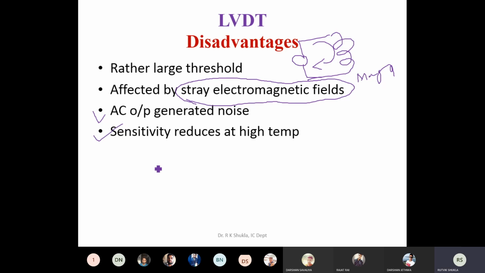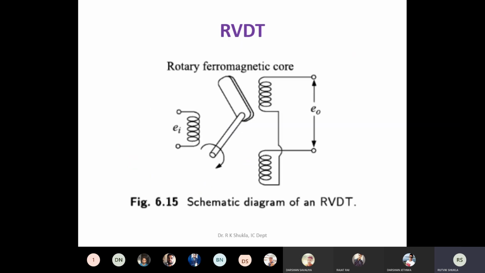And in case of LVDT, sensitivity depends on the temperature. As the surrounding temperature increases, the sensitivity of the LVDT will reduce. So these are some of the points which you have to consider while using LVDT in your application.